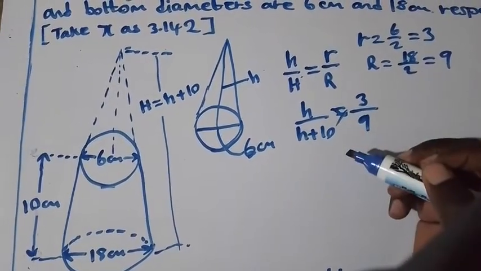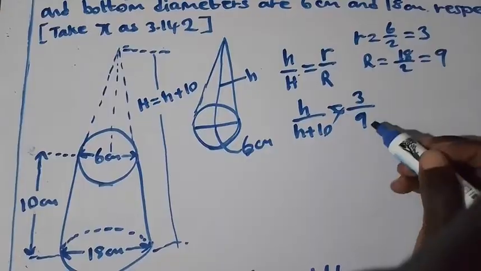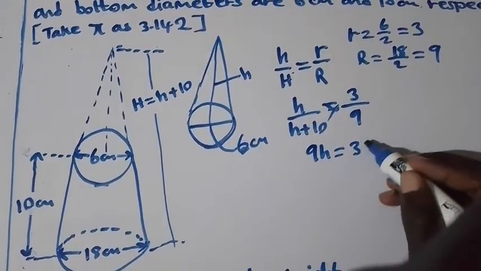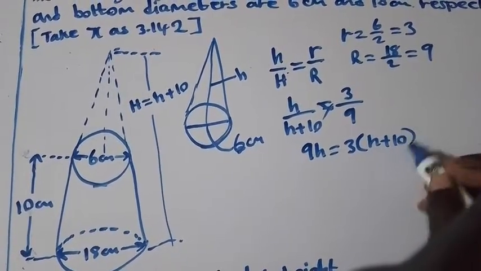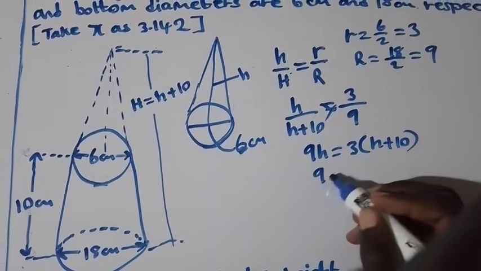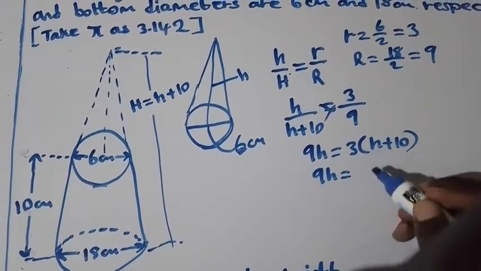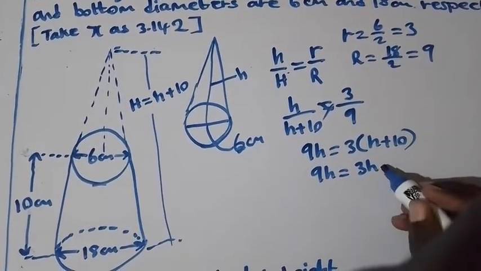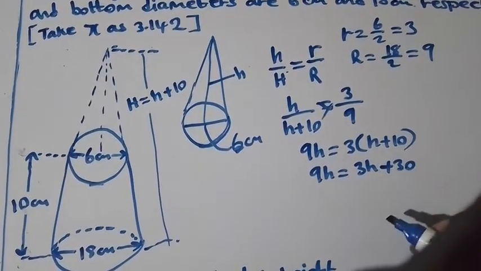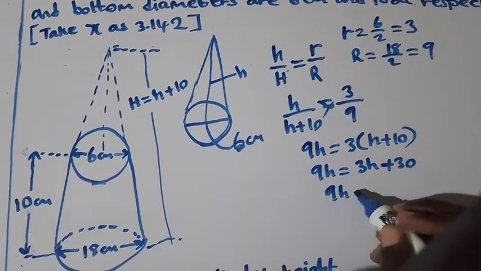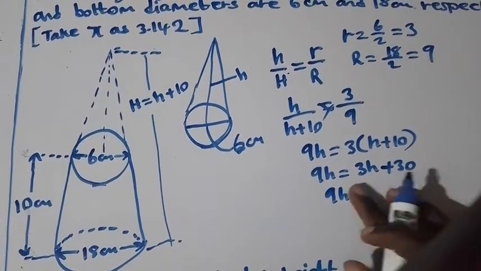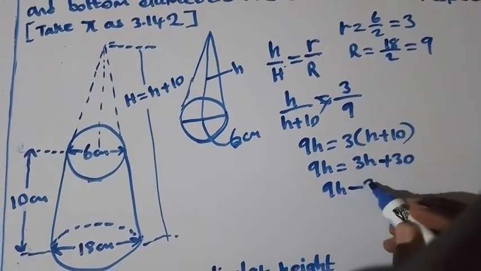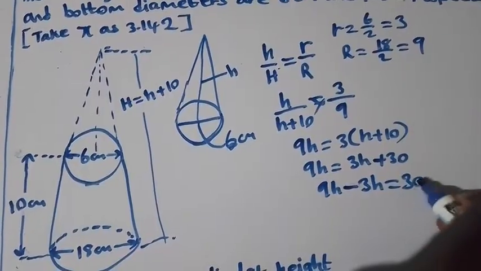So if we cross multiply, we are going to have 9 times h, which is 9h, equal to 3 open bracket h plus 10. So 9h equal to 3h plus 30. Collecting like terms, positive 3h, when it crosses the equal sign, becomes negative 3h.